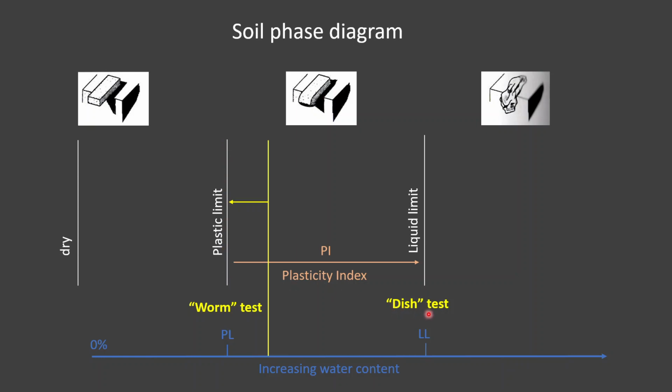A little different than the dish test. With the dish test, we're trying to achieve this liquid limit, right? That's the interpolated value of 25 cranks. We start out with our soil drier than the liquid limit, and that's why the cranks usually take 40, sometimes 50, or even 60 cranks in the first trial because our soil is pretty dry. And then we're going to be adding water throughout the test with our 5 or 6 data points, and we're actually going to over water it, and we intentionally want to go beyond the liquid limit, right?